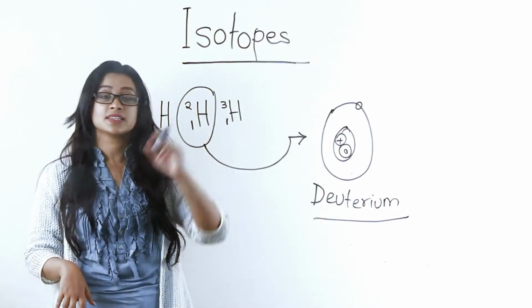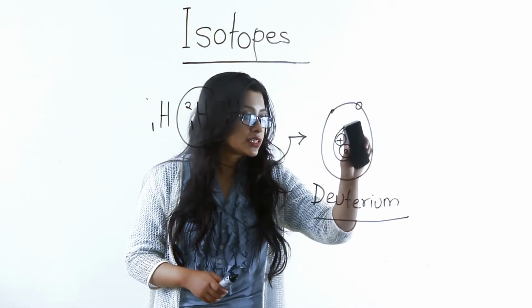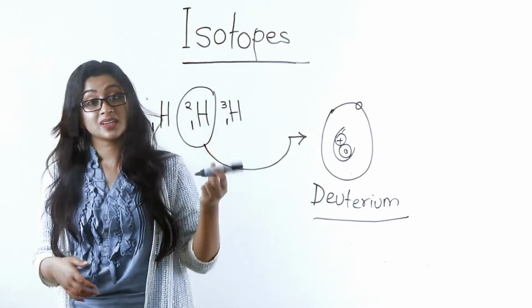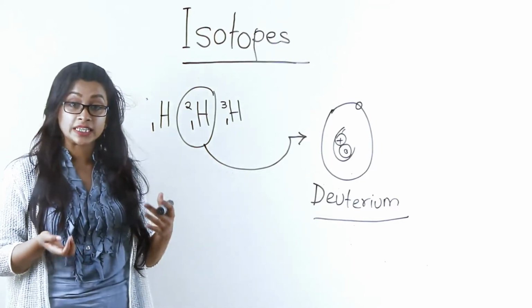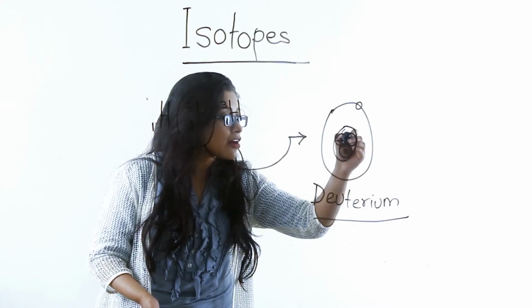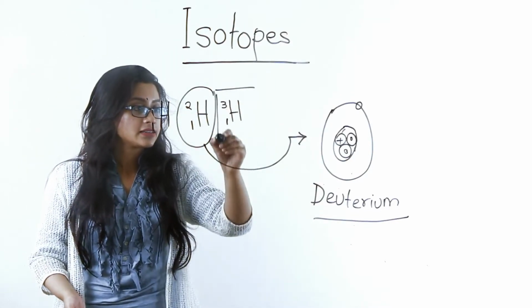And in case of this guy, in this nucleus, along with 1 proton, see, because the atomic number is again the same, 1 proton, the only thing that is differing in here is the number of neutrons. So you see, here we have another neutron in case of this guy.